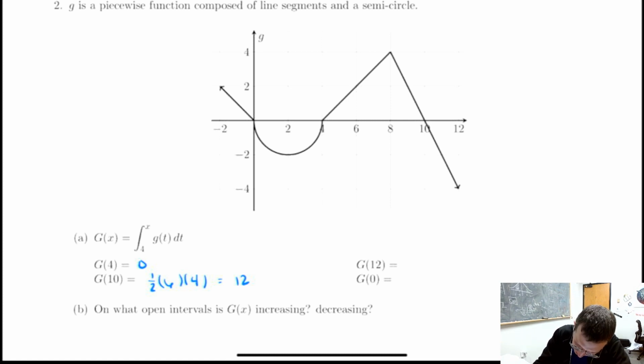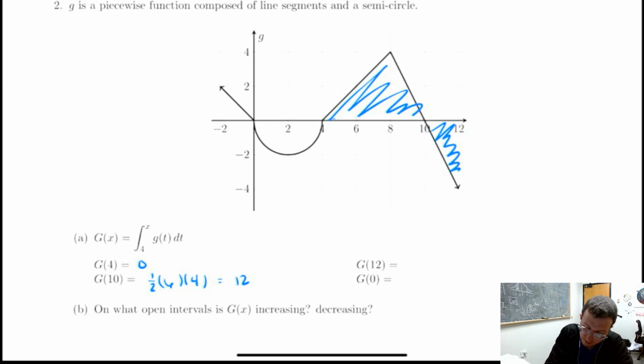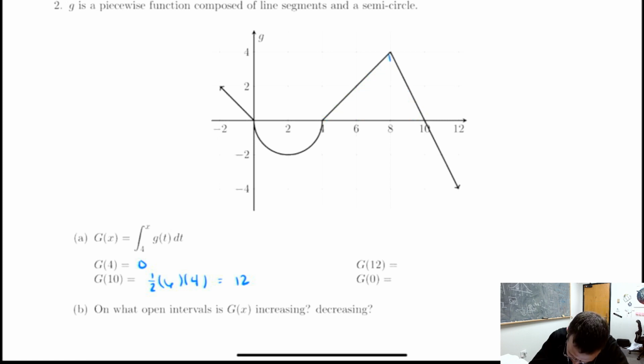G of 12 is this, where this area is negative. Now we could take this area and subtract this area, and I think that's what we'll do. But another way to do this would be to notice that this area exactly cancels out with this area.